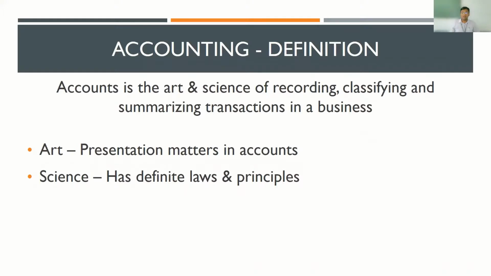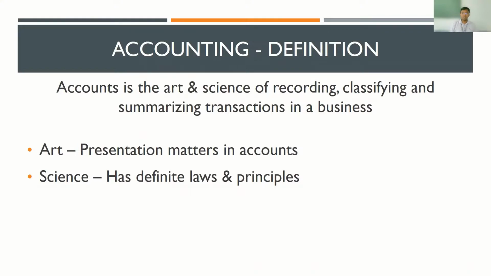So probably in our earlier classes, we must have studied Newton's first law of motion, Newton's second law of motion, or we must have learned about Dalton's laws of chemistry. The reason why we've learned all this is because these are definite laws and they're universal in nature. Similarly, in accounts as well, there are a lot of laws and principles, and they're universal in nature.